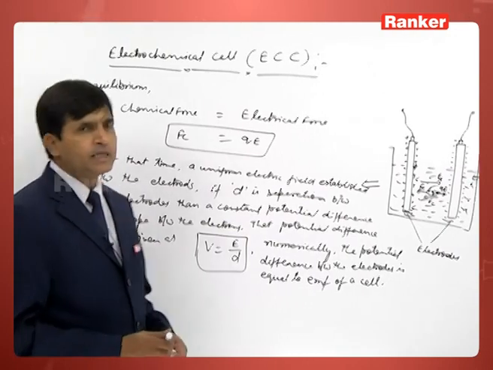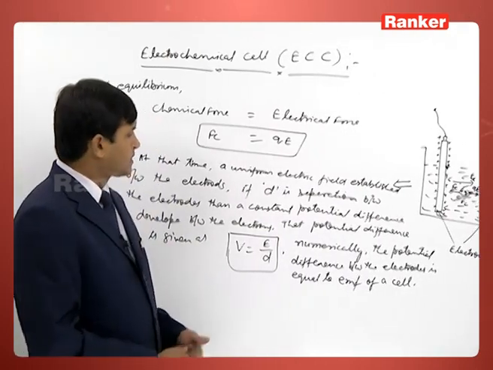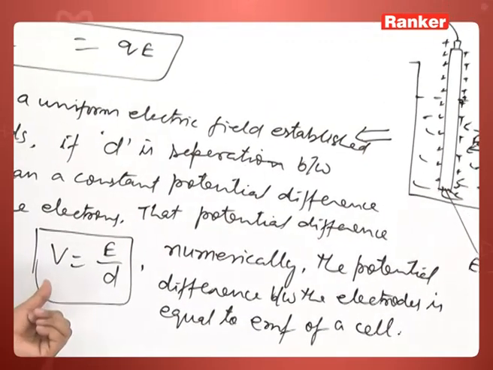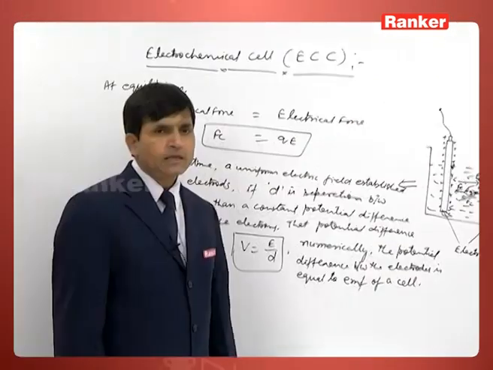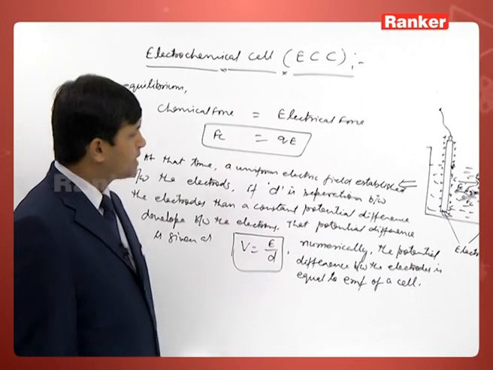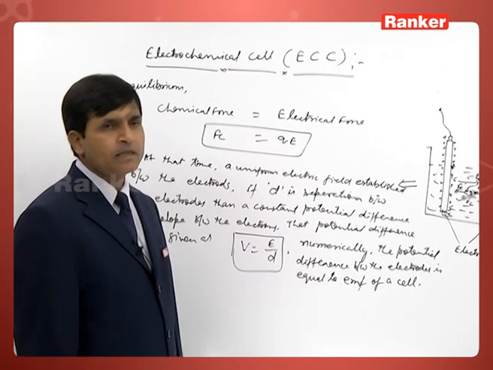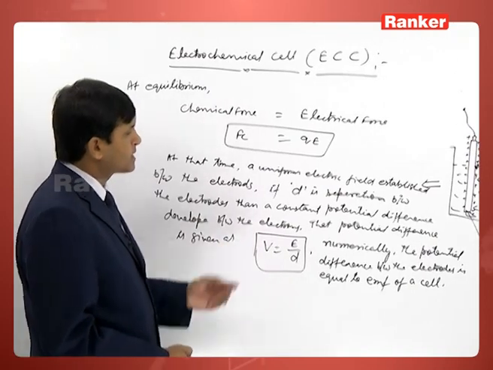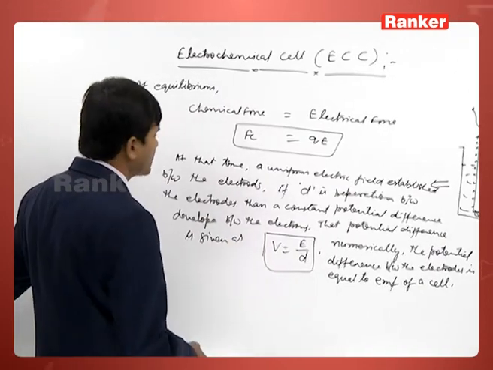So numerically the EMF value and the potential difference between the electrodes are equal, but these two are not the same thing; a little bit of difference is there. So we can define EMF like that.